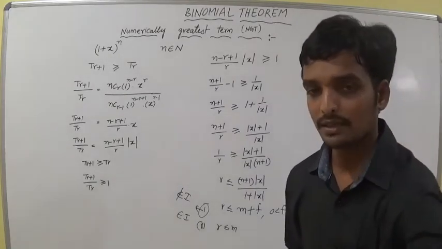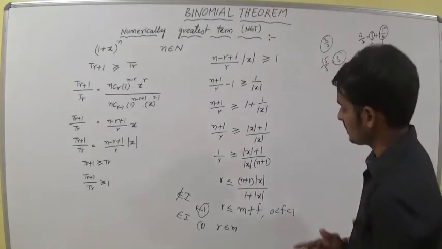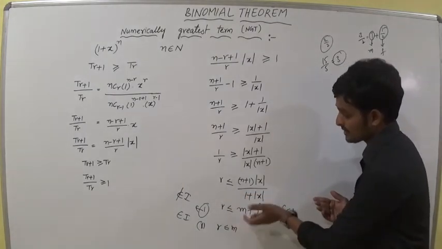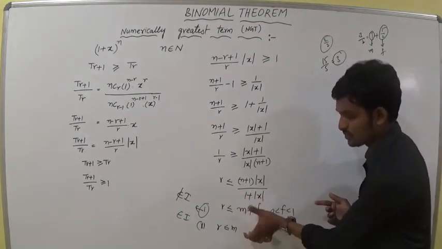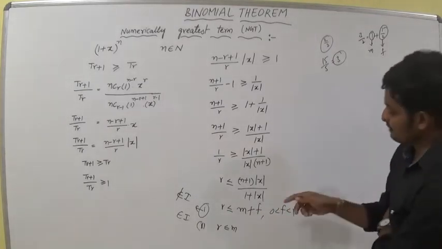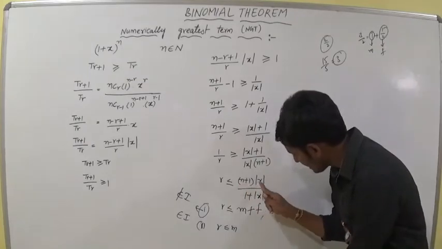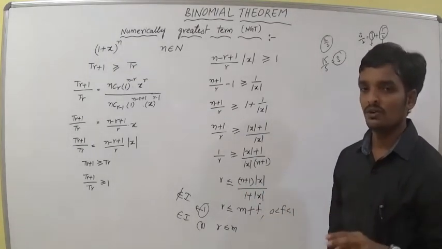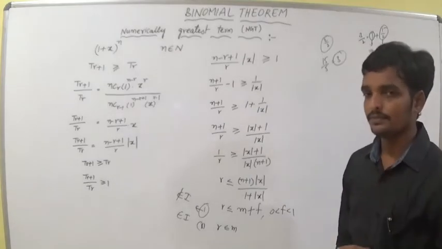I hope you understand. Please be focused. I think up to here you can understand very well. But we are getting a small confusion between these two cases, so I am explaining again, students. If you substitute the values of n and mod x, we are getting two cases.